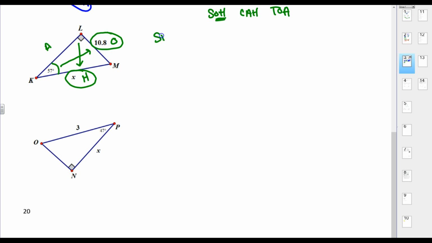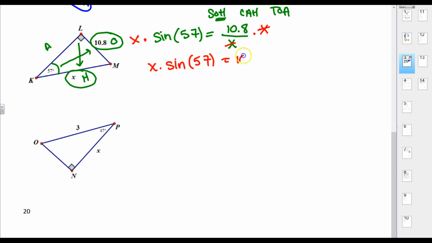So I'm going to do sine of the angle I'm interested in equals my opposite, 10.8, over my hypotenuse, x. Now to solve this equation, I want to clear the x out of the denominator first by multiplying on both sides by it. So my x's cancel here. Now I have x times the sine of 57 equals 10.8.